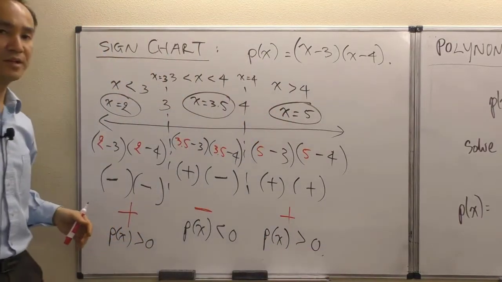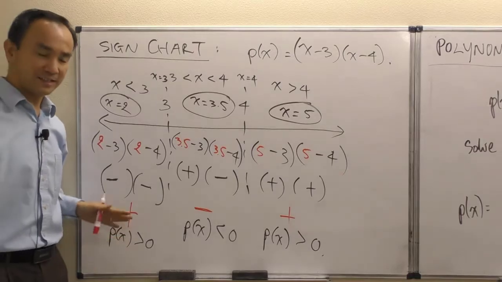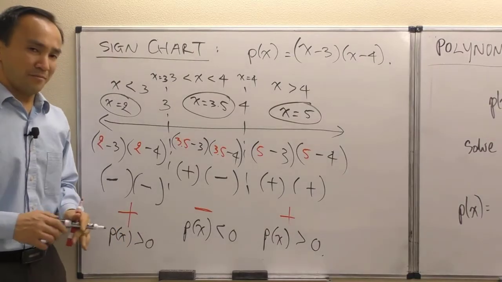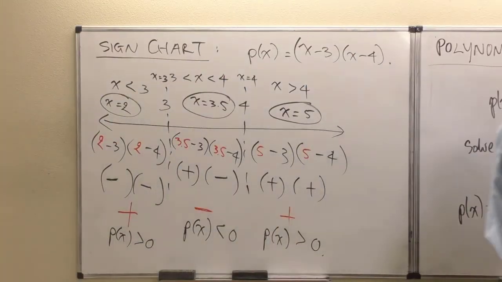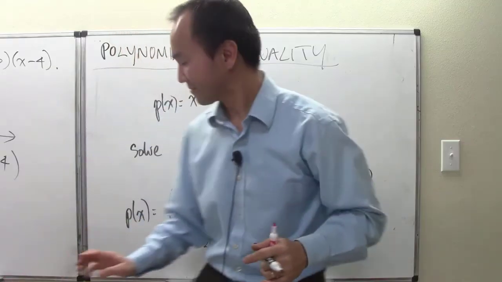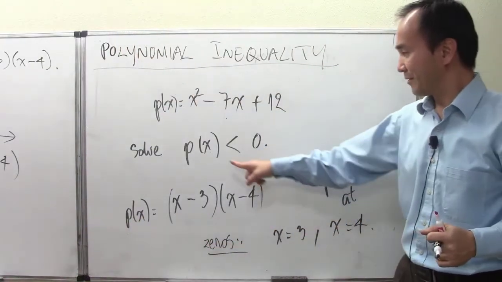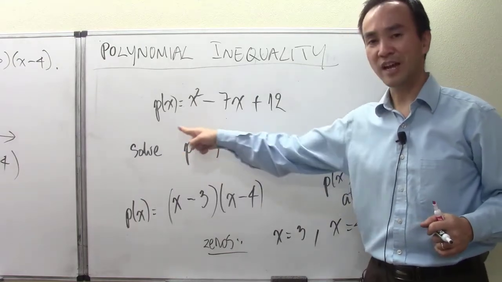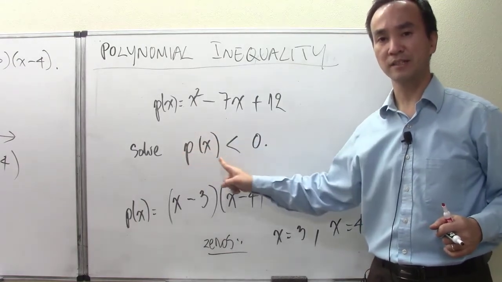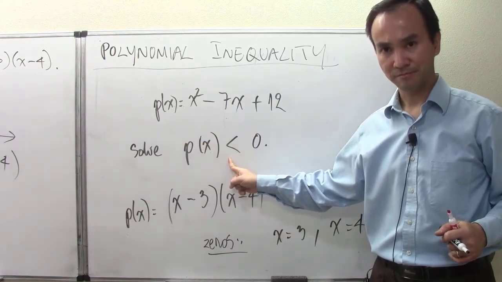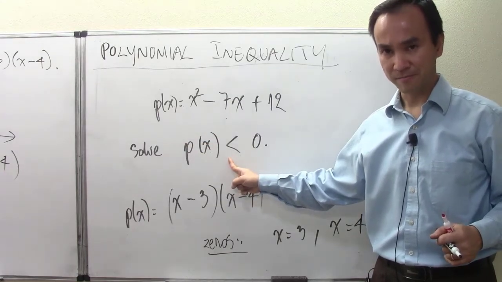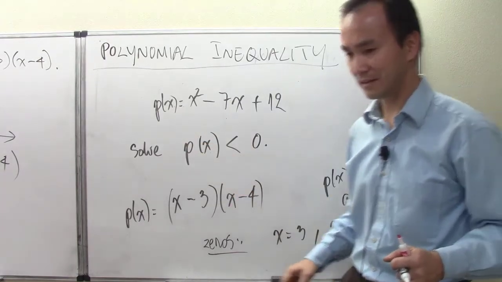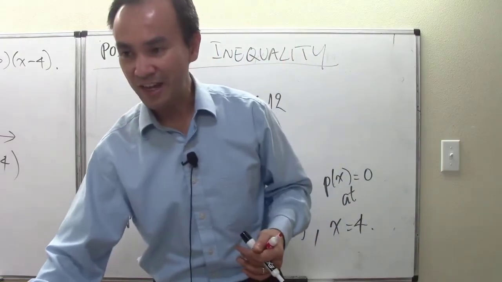All right, so now the answer is here. The question was asking us to find all of those x values where p of x is less than 0. This is the reason I said the answer is here.